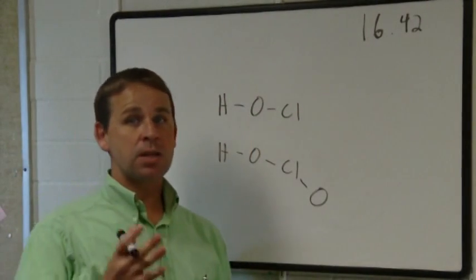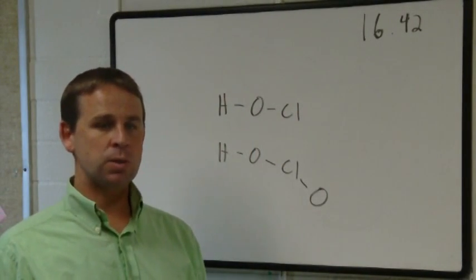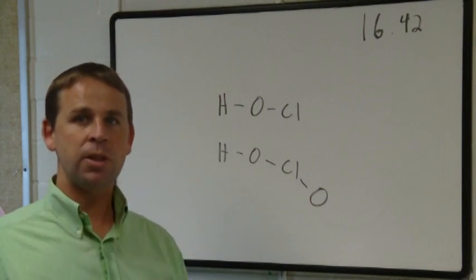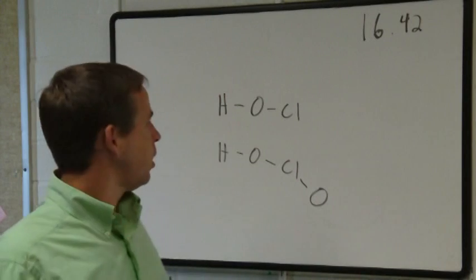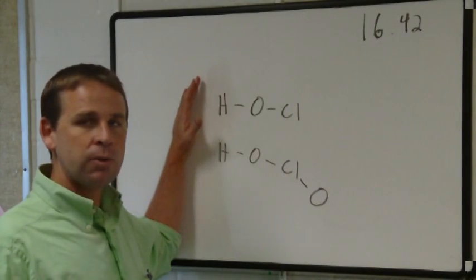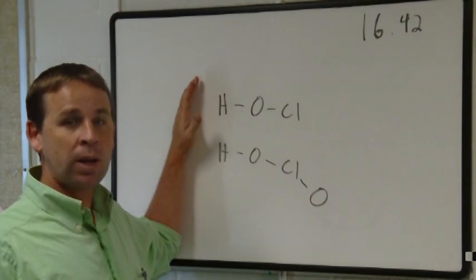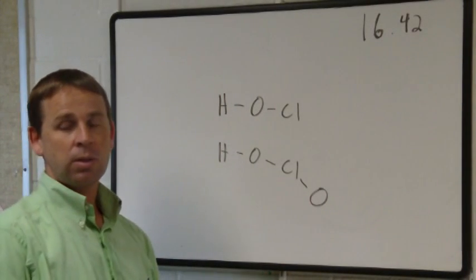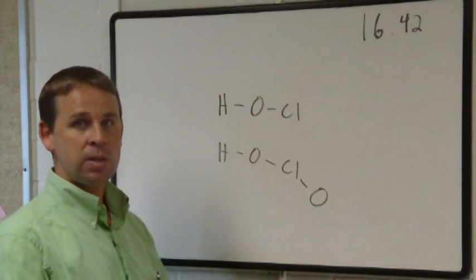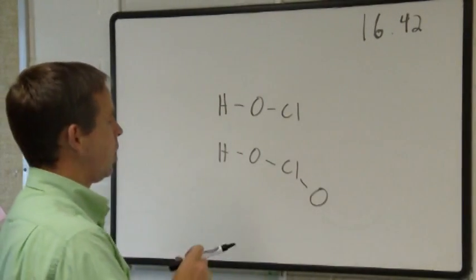Now both of these are oxyacids. That's important to recognize because what governs oxyacids is a little bit different than what governs binary acids in terms of strength. It's all about how easily that proton can come off, because that's what determines the strength of an acid, how easily it gives up a proton in aqueous solution.